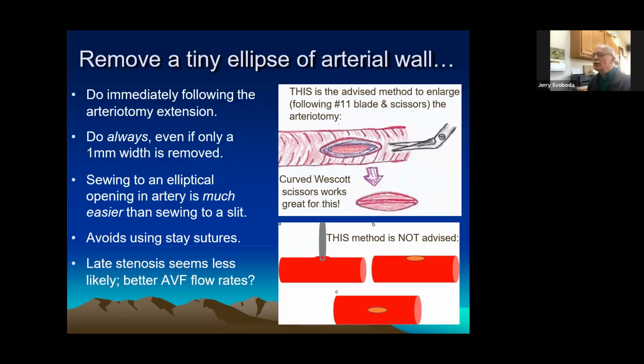Sewing to a slit usually requires stay sutures to pull the edges of the artery apart. There's a lot of tangling that goes on with stay sutures. Removing a small ellipse does not have a downside as far as I'm concerned. No one has studied it that I'm aware of, but the stenosis rates of the anastomosis and flow rates may be better if you remove that ellipse. I'm not sure of that.